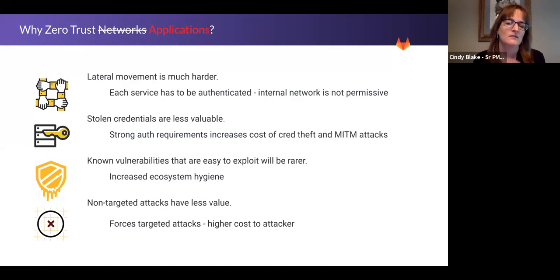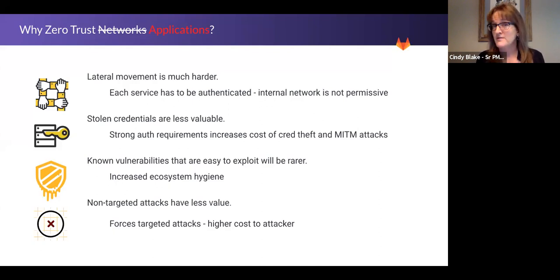So you're less likely to be the random victim of a drive-by attack, a broad-based attack, which is a common thing when it comes to dependencies, because open source code and those libraries tend to be used by a broader number of people.